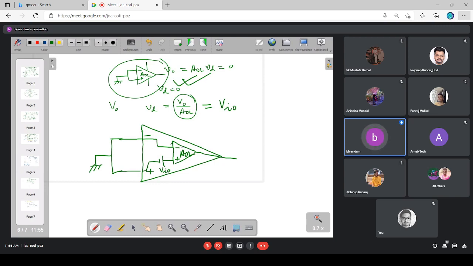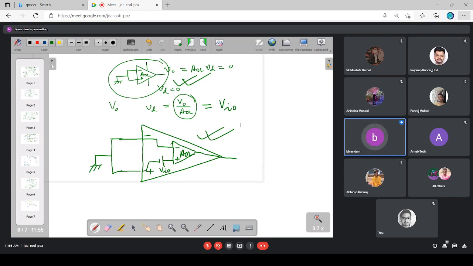So to have some mathematical reasoning for the available non-zero output voltage of the practical operational amplifier, where the two input terminals are at the same potential level, and that too zero, we are going for one modified model where internal to the practical operational amplifier, I have one ideal operational amplifier along with one fictitious voltage source VIO.